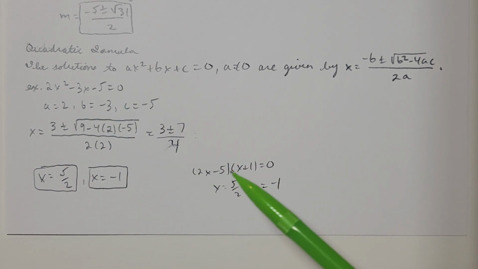Now, we didn't use the factoring method. We used the quadratic formula. But here's how I want you to think of solving a quadratic equation. If I give you any quadratic equation, and I don't tell you what method to use, and some of these problems will tell you what method to use, and some of them won't say anything, then the order that you want to try things is factoring first.